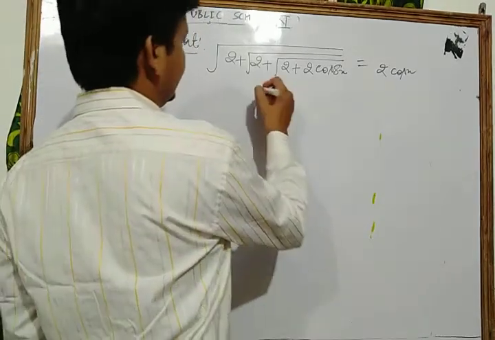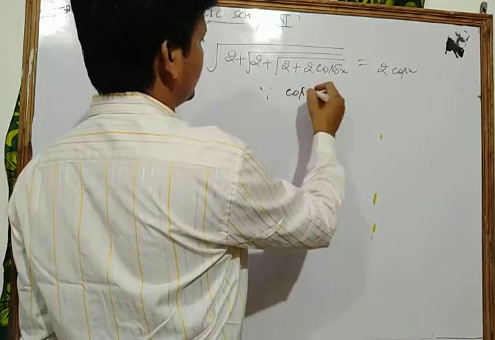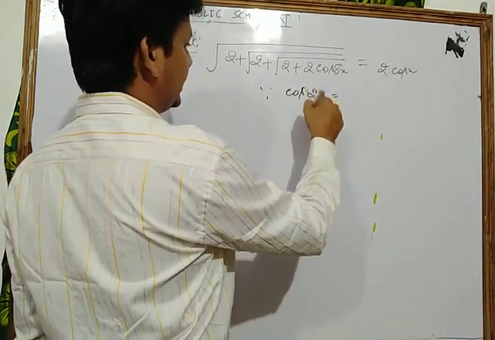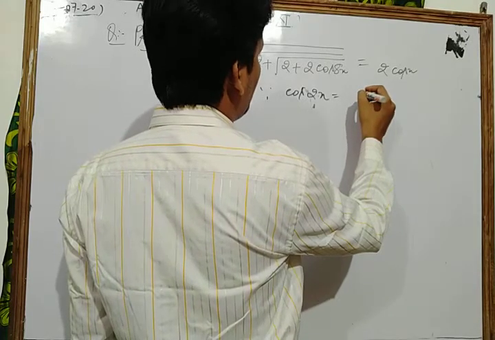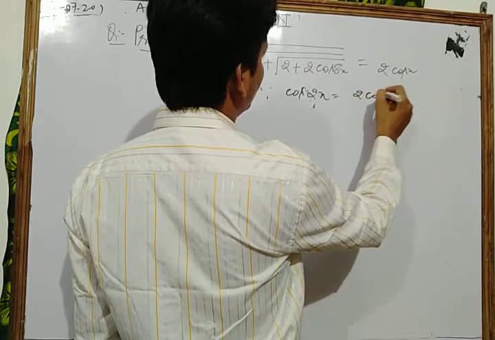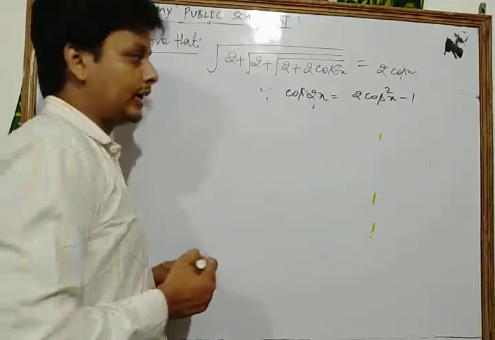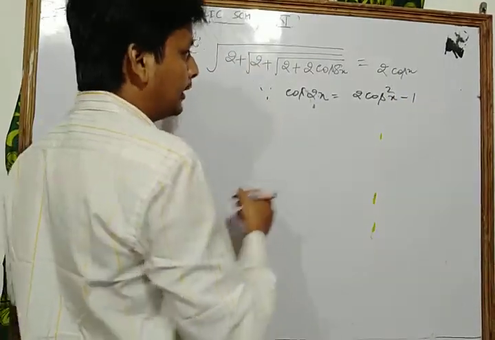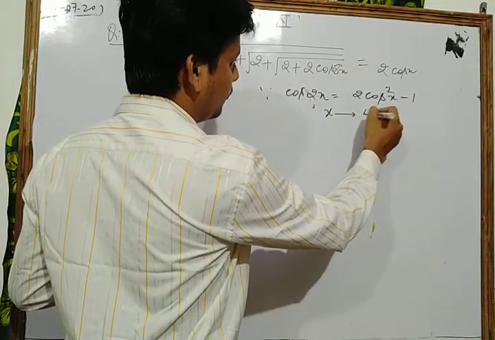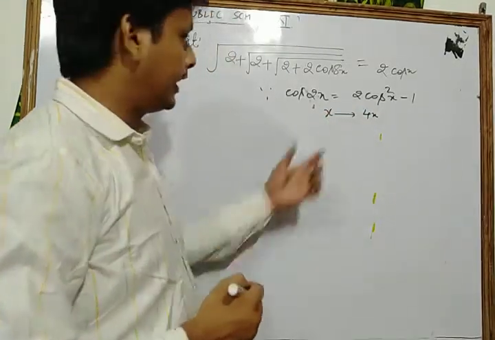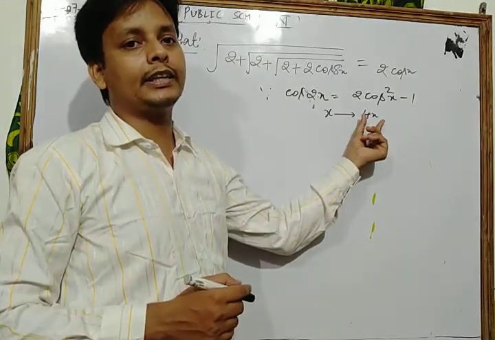We know that cos 2x is what? 2 cos square x minus 1. So if we replace x by 4x in this formula, then what do we get?